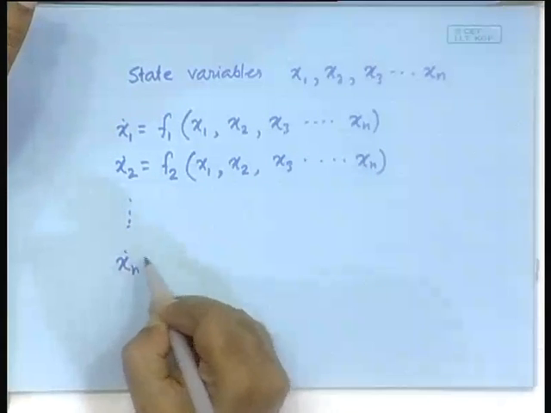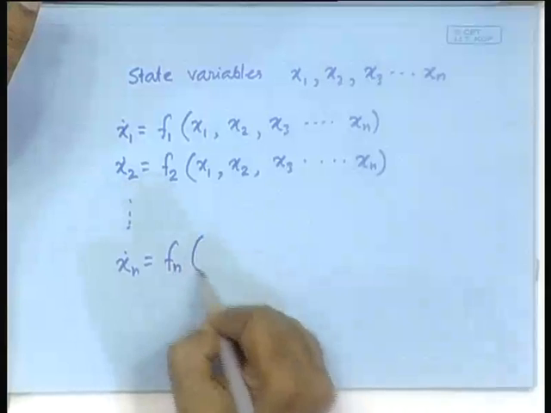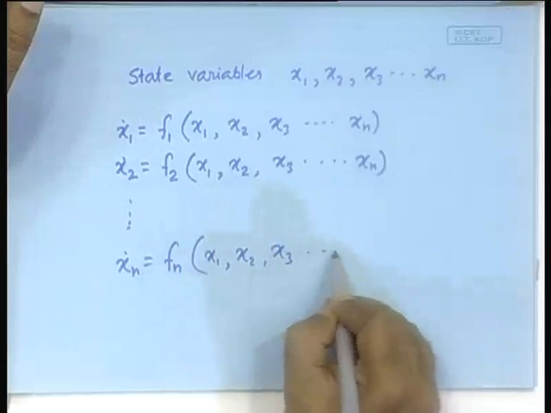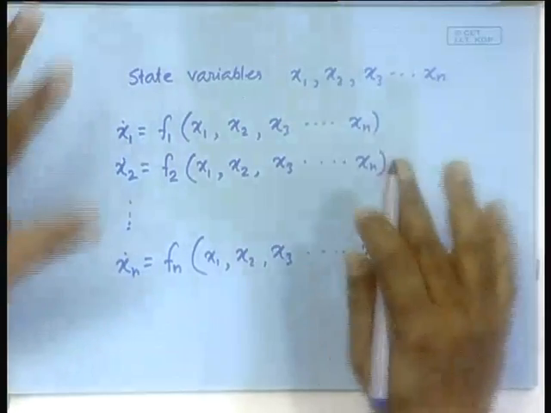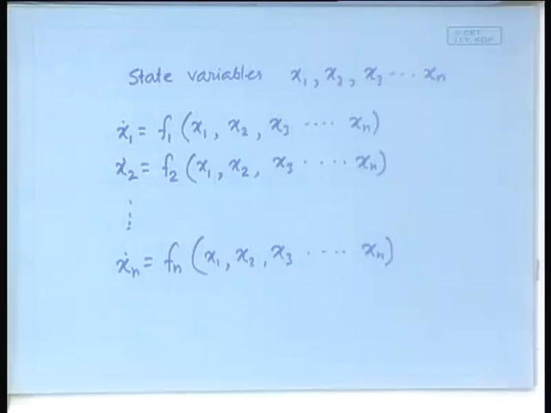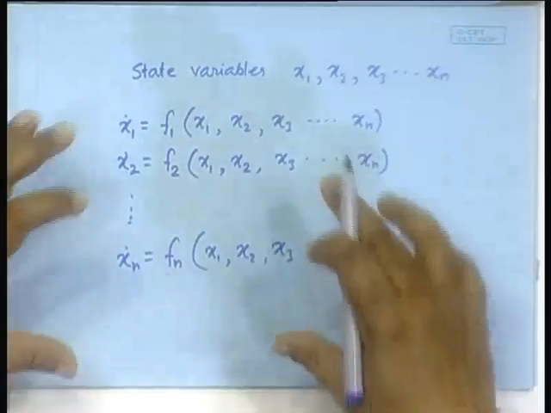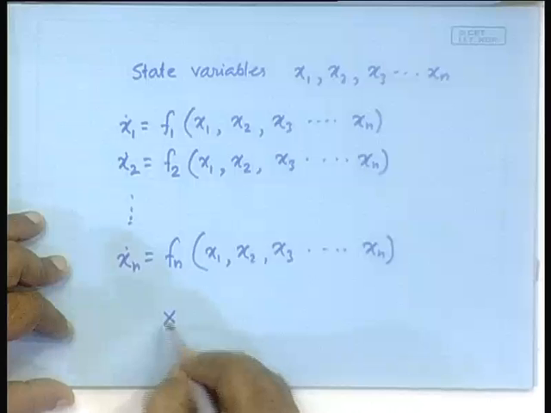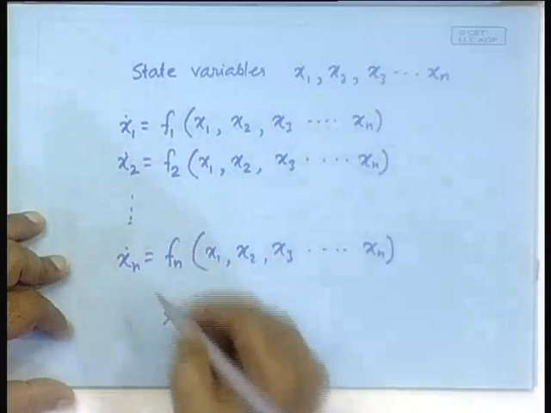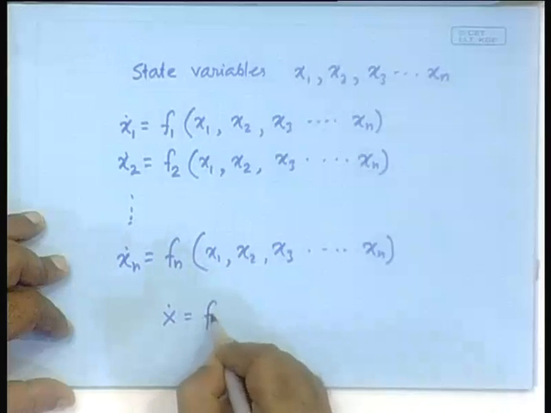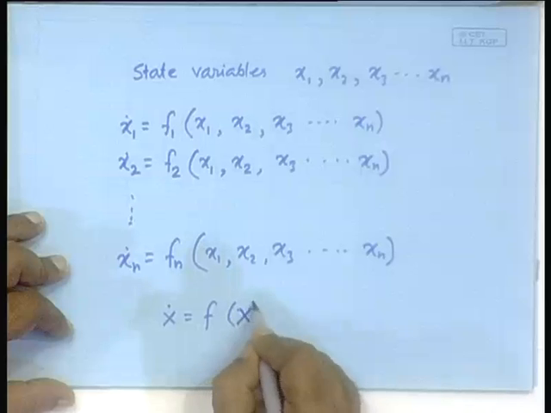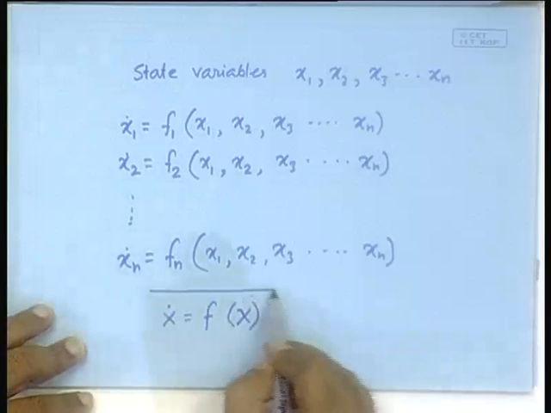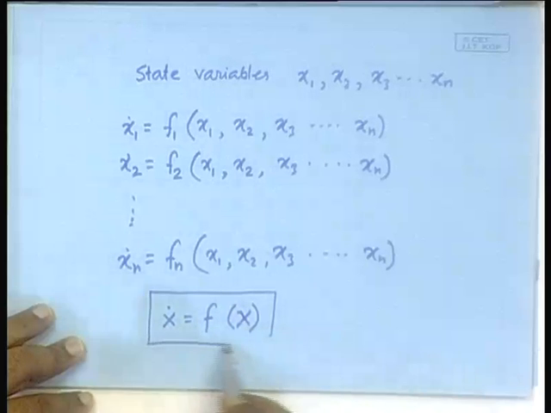X n dot is equal to another function. So that is what we have done so far. In brief, if you express that in a compact matrix form, you would say capital X, representing this whole vector, dot is equal to some function of capital X. So, this is what we have obtained so far, and then the next task is to solve it.